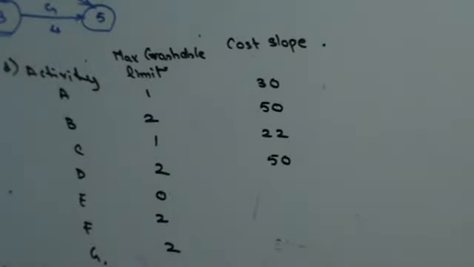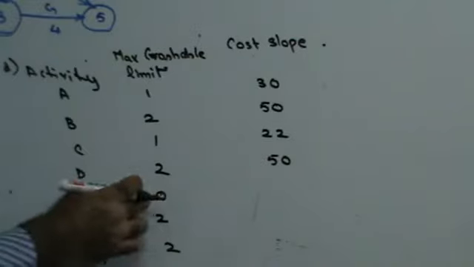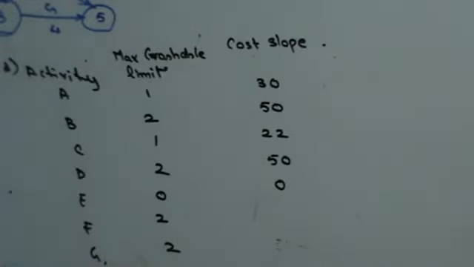Then here, this is 0, so obviously you cannot crash this. 100 minus 100 is 0. Then 175 minus 115, so 60 divided by 2, that is 30. And finally, you have 240 minus 100, 140 divided by 2, 70.